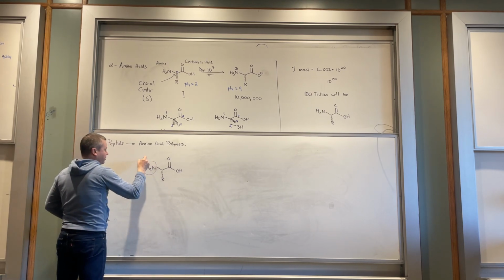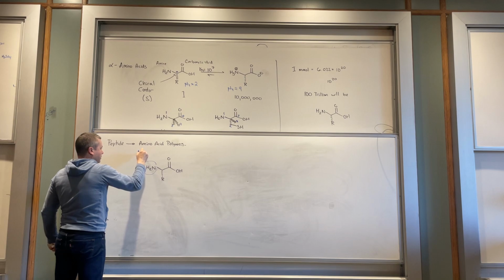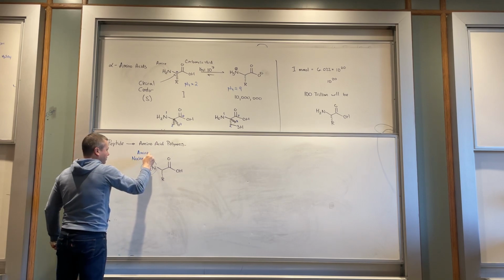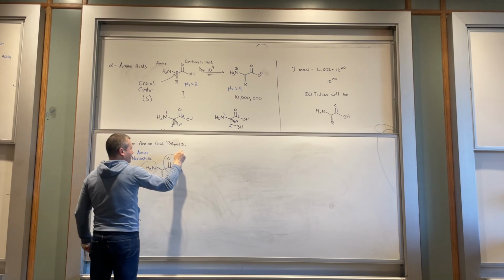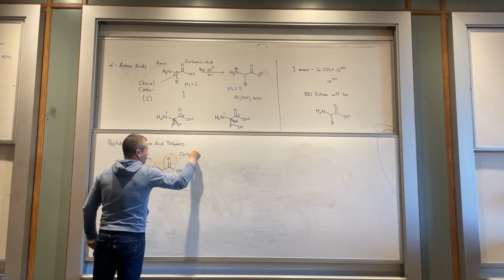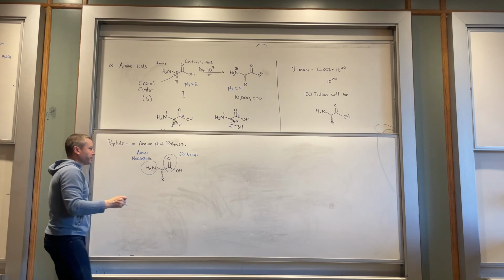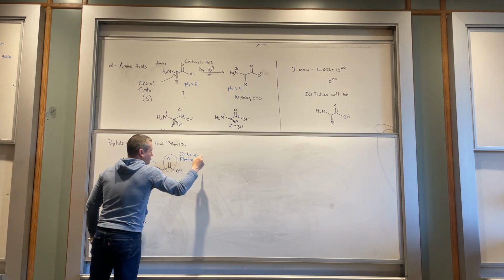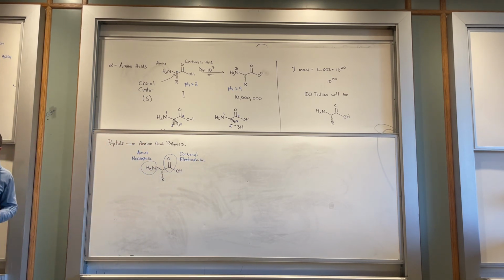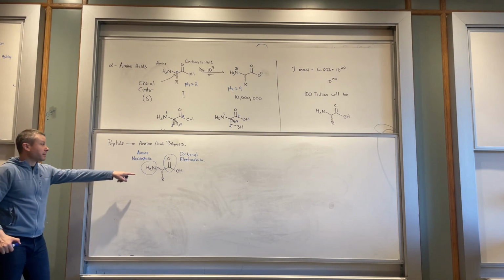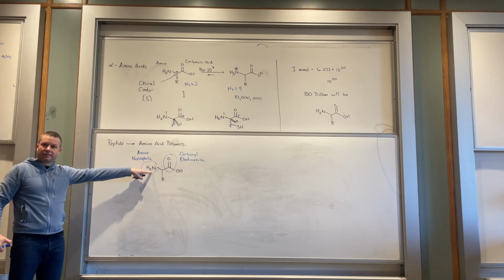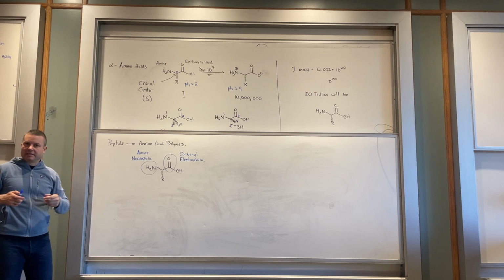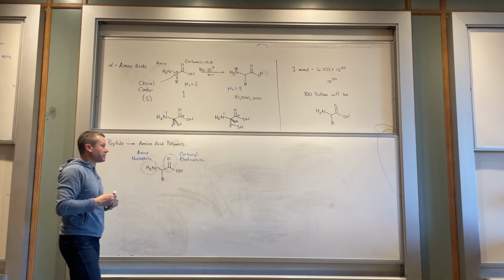Okay, we have an amino functional group, which we know means being nucleophilic. And we have a carbonyl functional group, and carbonyls we know as being electrophilic. So when we talk about the polymerization of amino acids, we're talking about the nucleophilic group of one amino acid bonding to the electrophilic group of another amino acid.